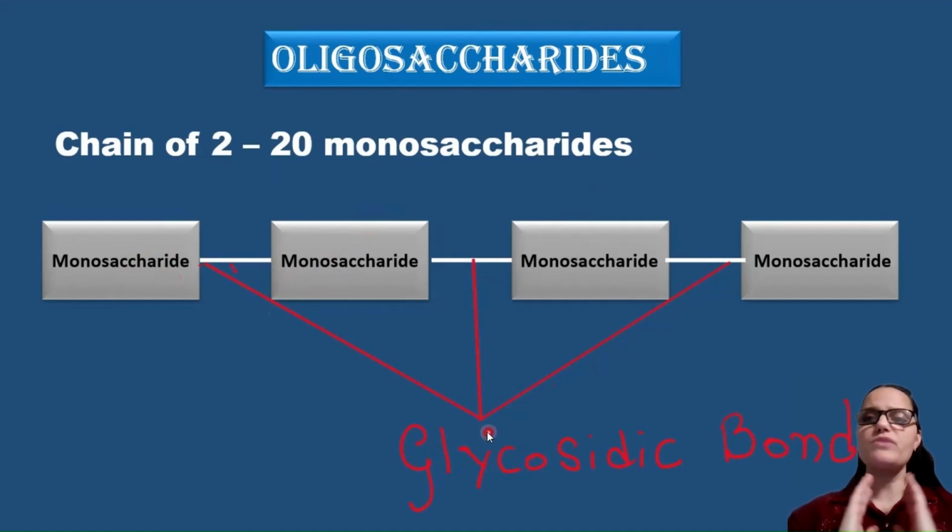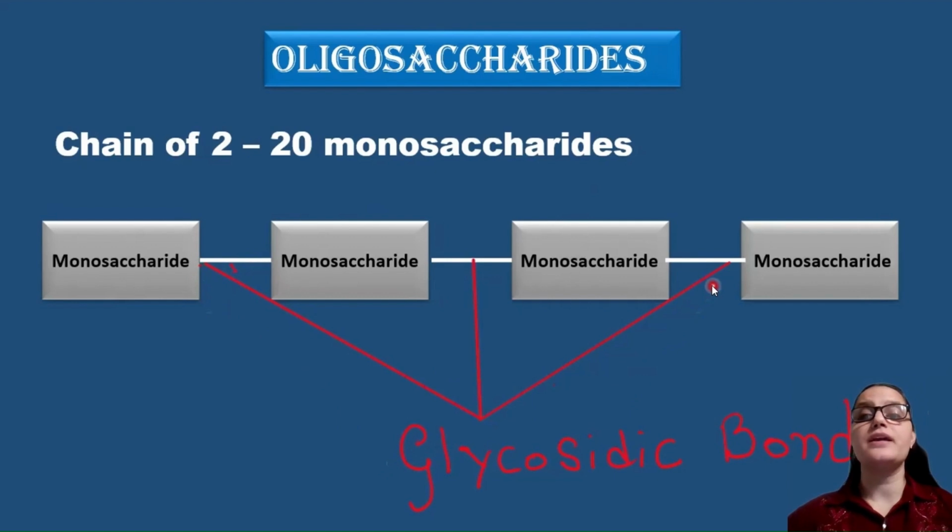So to summarize, to form the higher, more complex and larger carbohydrates, monosaccharide units get linked with one another through glycosidic bonds. Now, to understand the structure of these higher, more complex, larger carbohydrates, we need to understand the nature of this glycosidic bond.